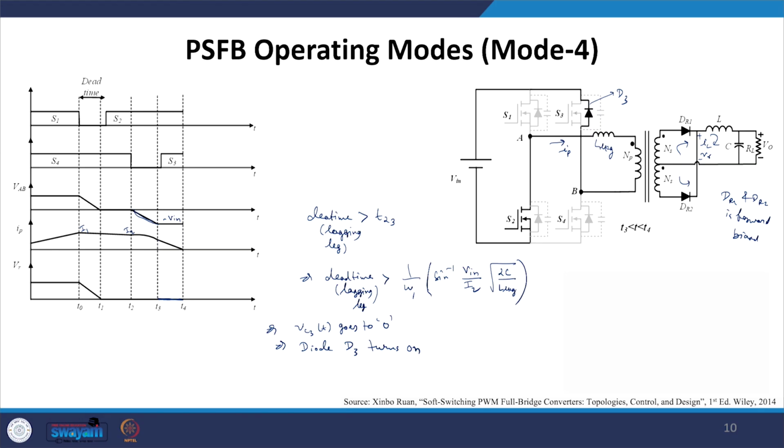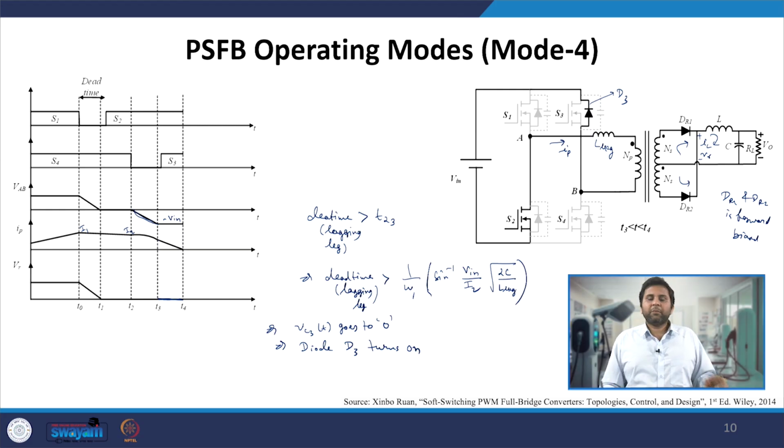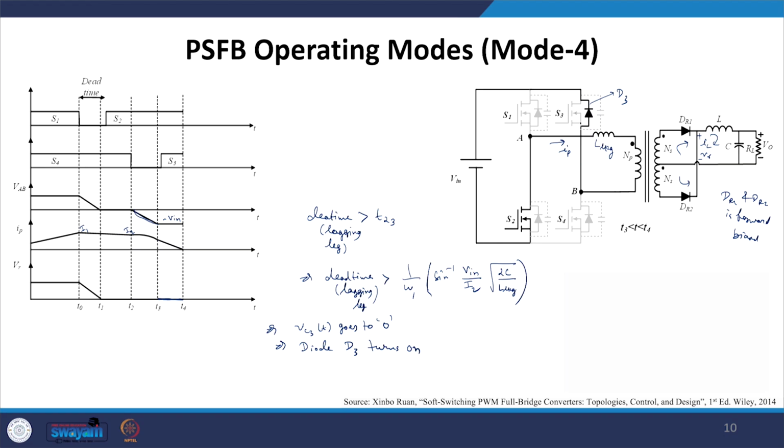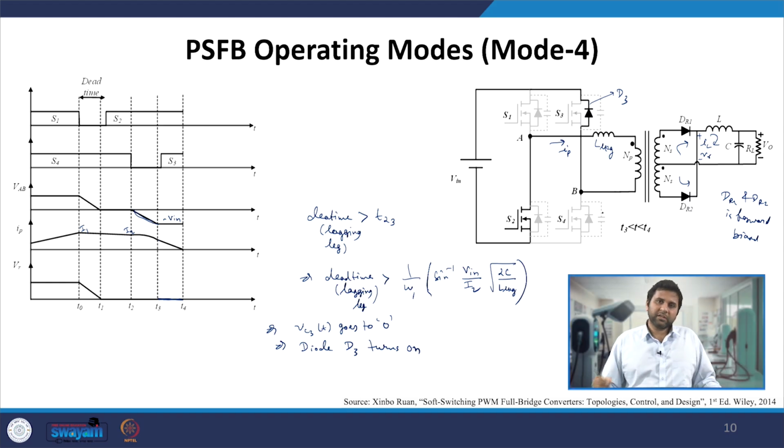So the current flowing through the L leakage must have enough energy to discharge the C3 capacitor to 0, and that is when the diode D3 turns on and the capacitor C4 charges to Vin voltage.